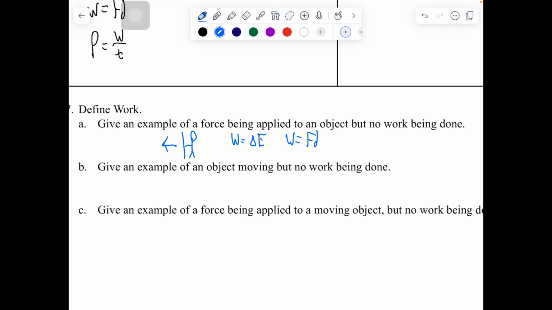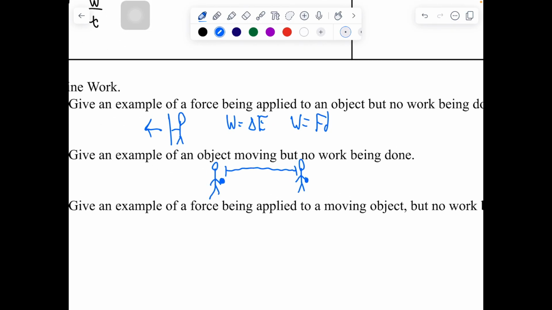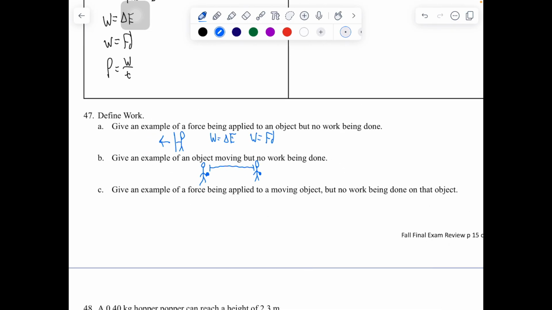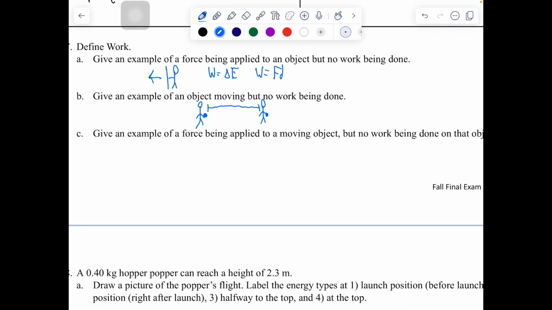Well, if we carry something horizontally, at a constant speed and at a constant height, no energy changes, no work is done. Force being applied to a moving object, no work being done on that object. Same example we had above.